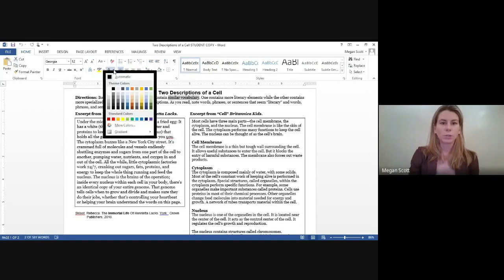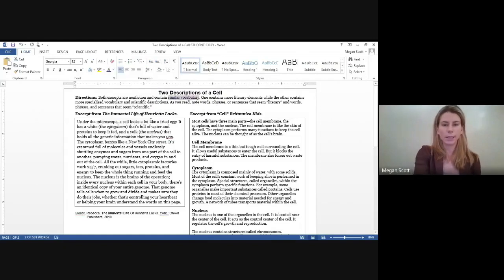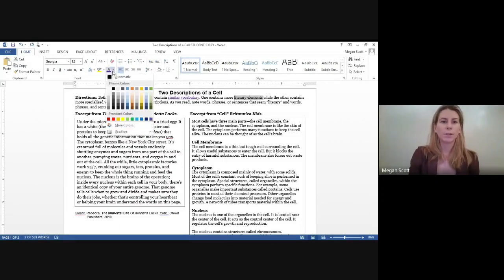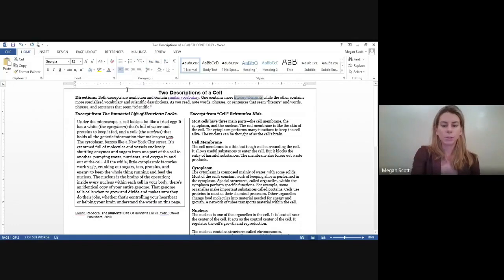So you'll see words from both that are the same. One contains more literary elements. So literary elements are more creative, maybe more descriptive, figurative language, or literary devices. Those are literary elements.